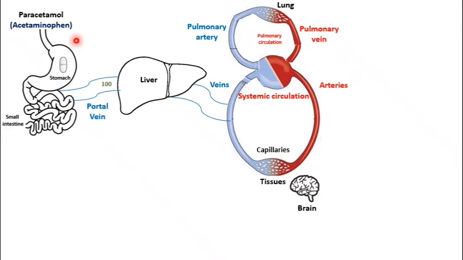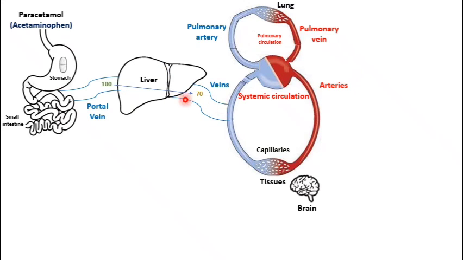Suppose that 100 molecules of paracetamol enter the liver, and then 30 molecules of it were metabolized by the liver. So we would end up with only 70 molecules of paracetamol getting into here.